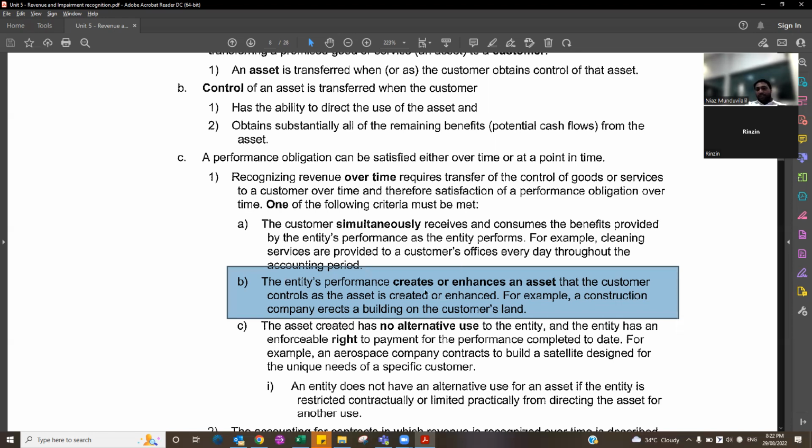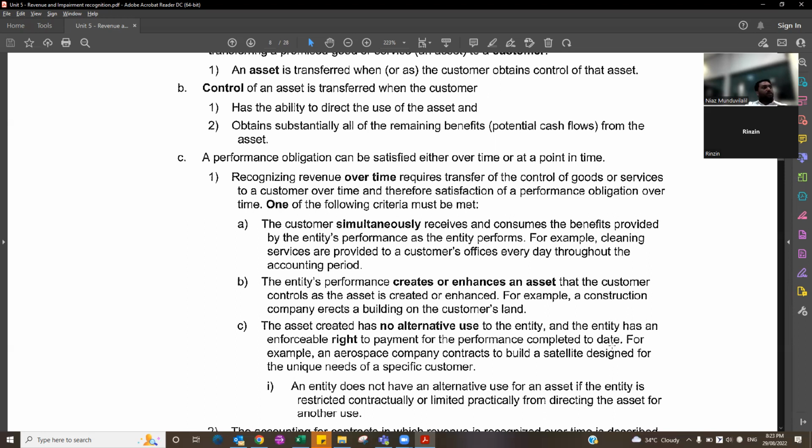Entity's performance creates or enhances an asset that the customer controls as the asset is created or enhanced. For example, a construction company erects a building on the customer's land. The asset created has no alternative use to the entity, and the entity has an enforceable right to payment for the performance completed to date.